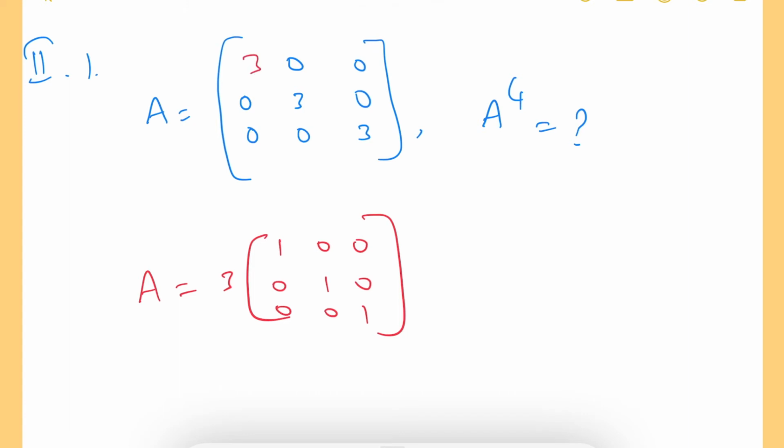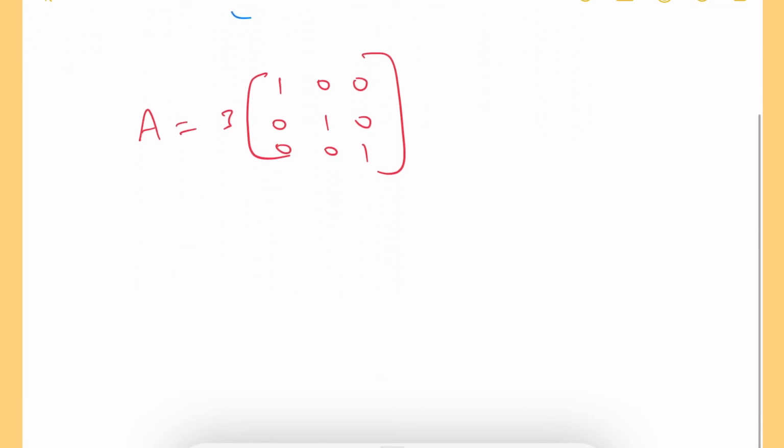Now whenever we have a unit matrix, whatever we do, a square or a power 3 or a power 4, how many times you multiply the unit matrix with unit matrix, always the answer will be unit matrix only. So we don't have any problem with the unit matrix.